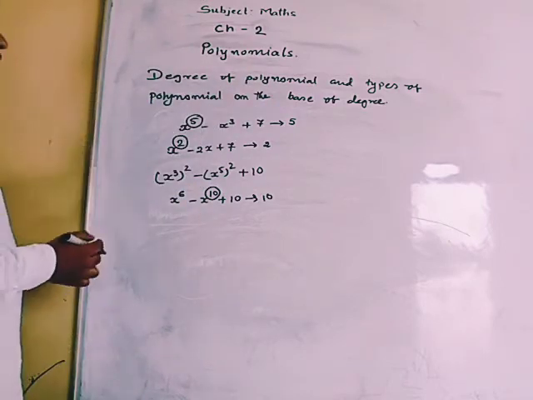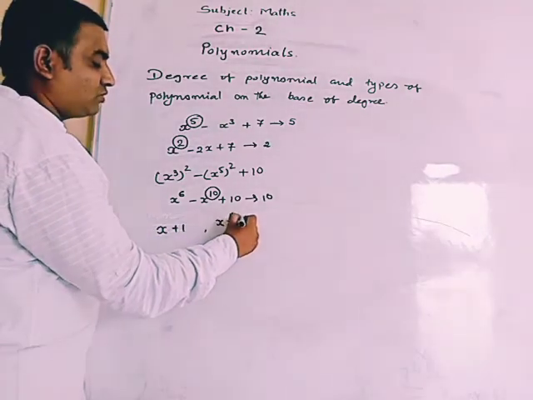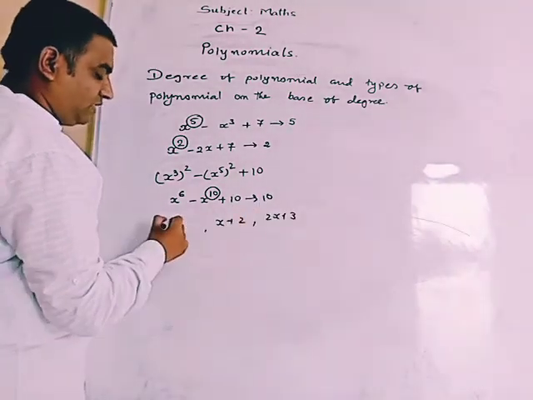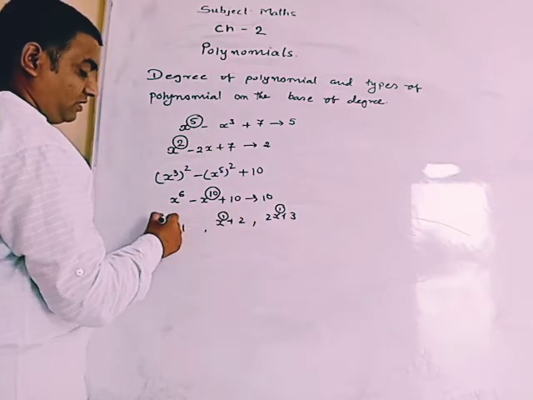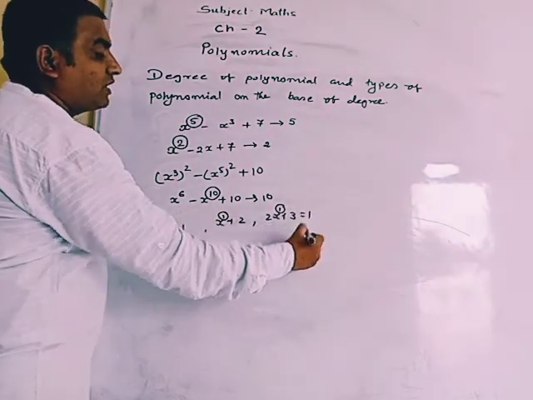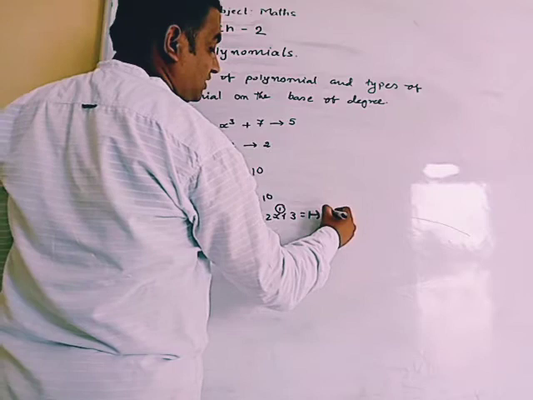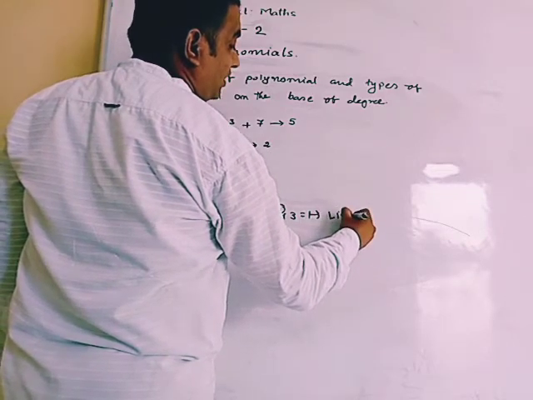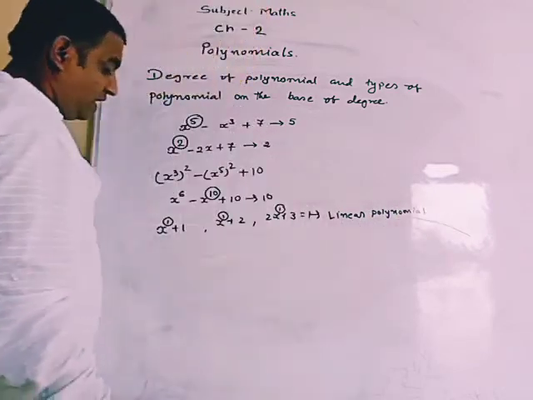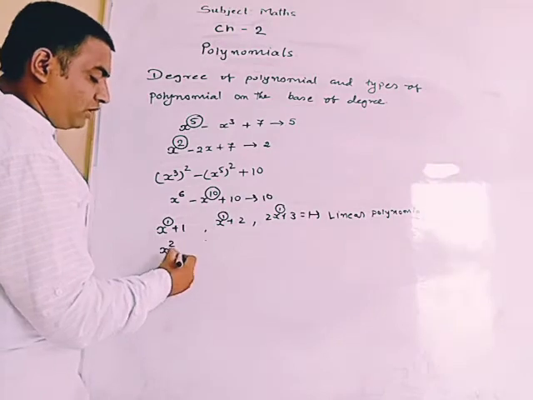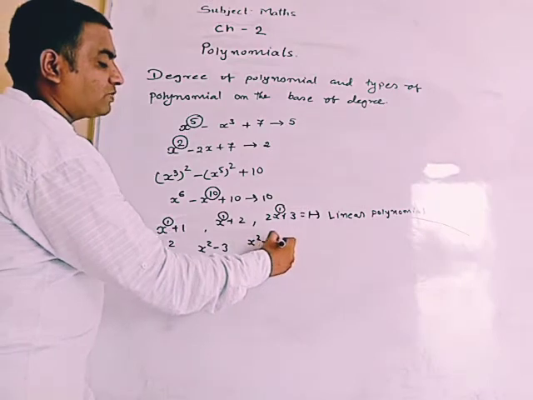Now the types of polynomial. Some examples: x plus 1, x plus 2, 2x plus 3. In all of these the variable has highest power 1. Such a polynomial's degree is equal to 1, and polynomials which have degree 1 are known as linear polynomials. Now we write degree 2 polynomials like x square minus 3, x square minus x minus 6.